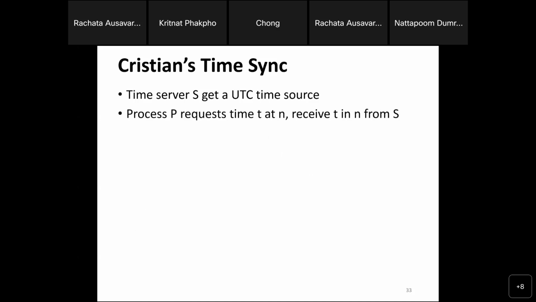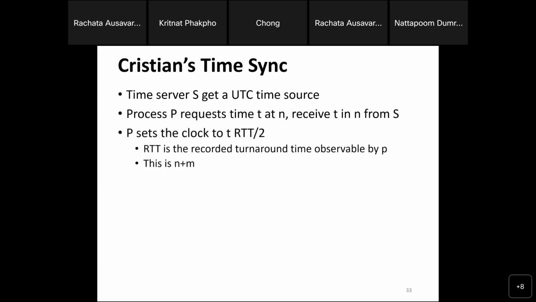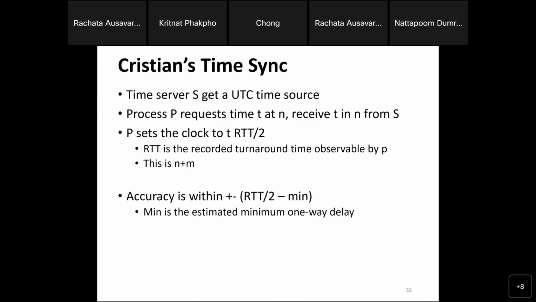The way you request time is to go to the server and ask, hey, what's the time? Because it's an atomic clock, it needs to be accurate. Now your computer will have an error of up to round trip time over 2, the factor D. This means that I have some error of plus or minus RTT over 2.